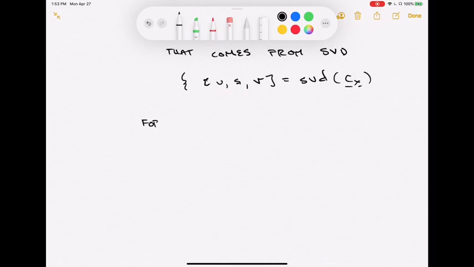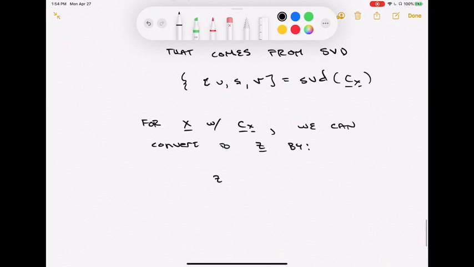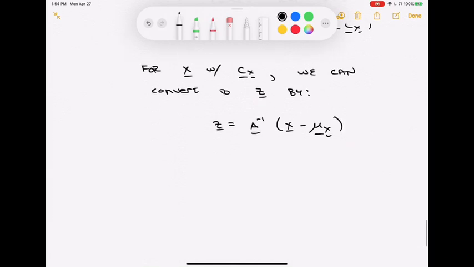For an x with some covariance matrix Cx, we can convert to Z by Z equals the inverse of that matrix A times x minus its mean vector. So that's the way we can get the standard normal out of an arbitrary one.